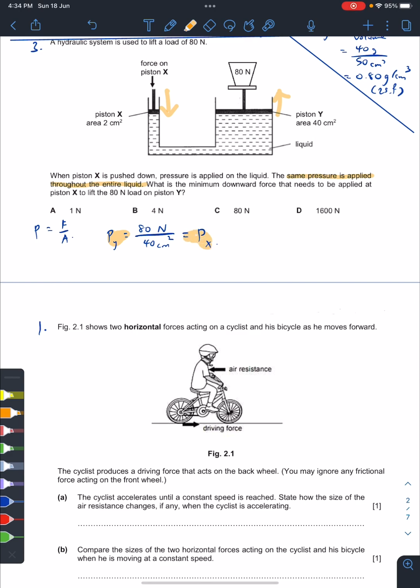It's highlighted in orange: the same pressure is applied throughout the liquid, which in this case is 80 divided by 40, which is just 2 Pascal. So Px equals force X over area. We are trying to find the force, so it's 2 times 2 equals 4 Newton. B.